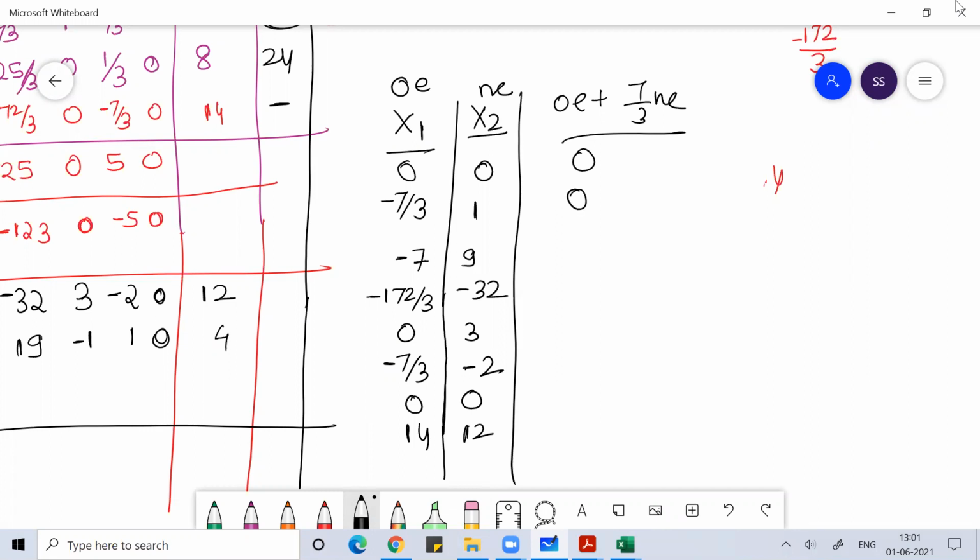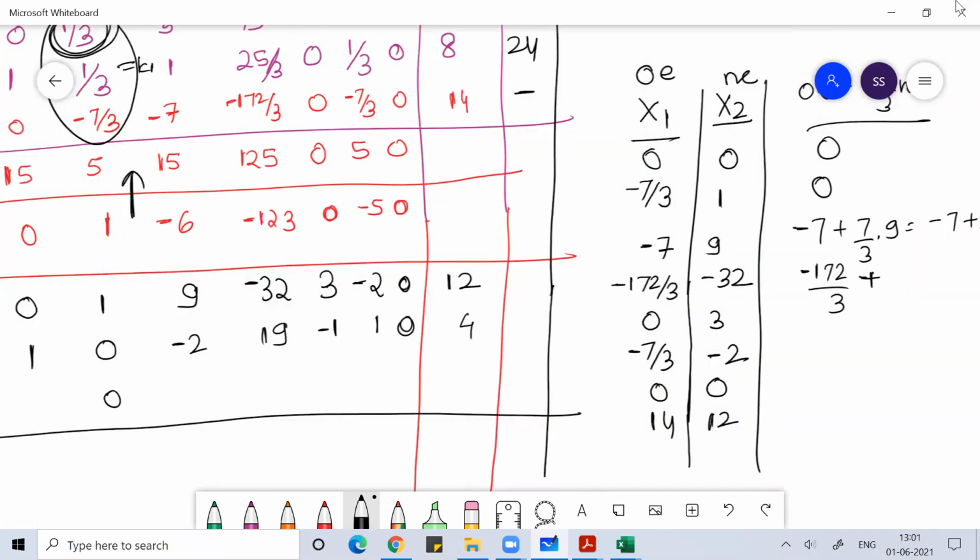0 0 minus 7 plus 7 by 3 into 9. Minus 7 plus 7 3s are 21, is 14. So minus 172 by 3, minus 7 by 3, yeah.